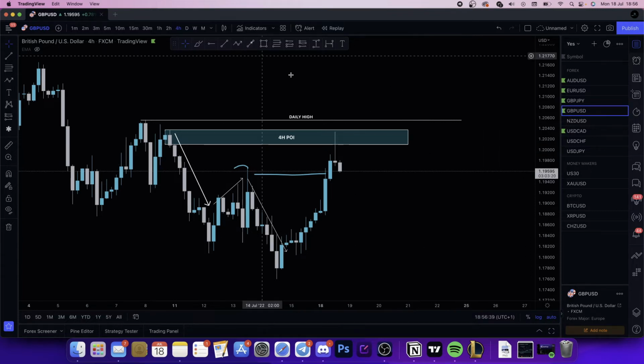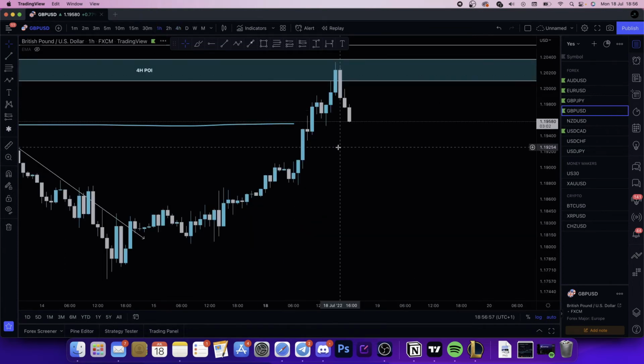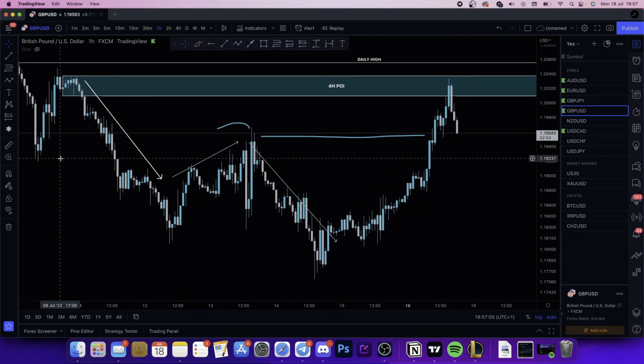If price breaks above the daily high and then has a pullback to an area of interest on the 4-hour, then we can be looking for buys because our daily high is broken, which means we are showing bullish intent. But for now, it is still bearish. If I look in the hourly, I can check closely into this part. I am happy. We can refine this further. What broke this low?